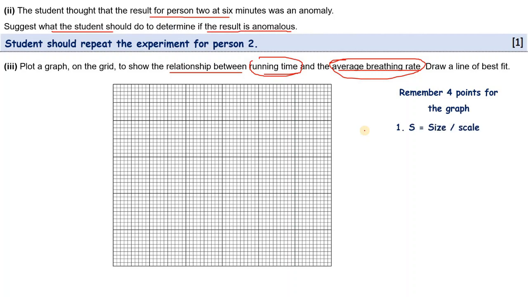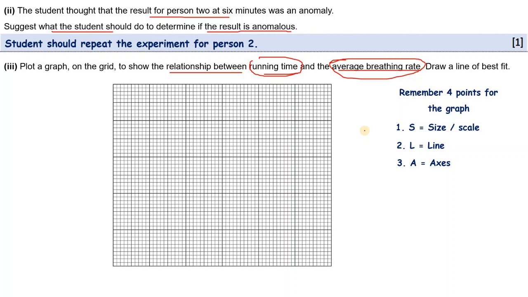The scale has to be such that we cover at least 70% of the given space of the graph. Second is the line. The line has to be a single, clear line, and it has to be in the right proportion to the points which are plotted.